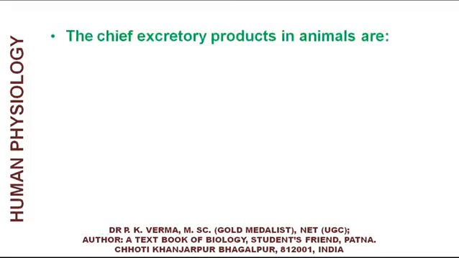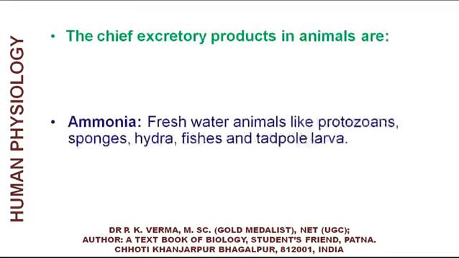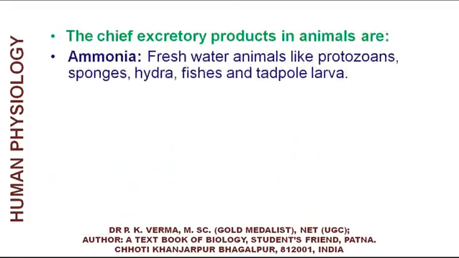In different animals, there are different excretory products. For example, ammonia can directly be released from the cell surface in unicellular organisms such as amoeba, chlamydomonas, etc. It is also released from the body surface of sponges and hydra.